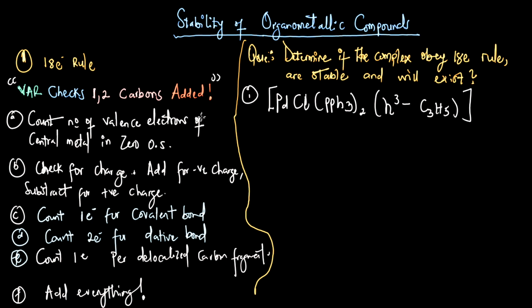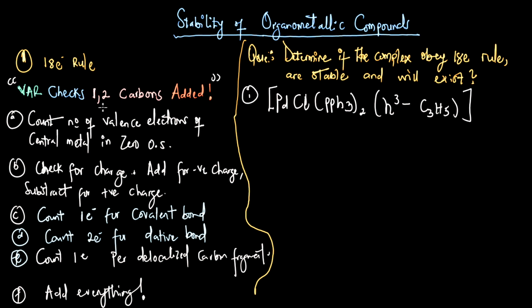Now let's talk about the stability of organometallic compounds. In order to describe the stability of organometallic compounds, there is a rule that has been put forward, which is the 18 electron rule. I came up with this mnemonic to make the understanding better. VAR shakes 1-2 carbons added.